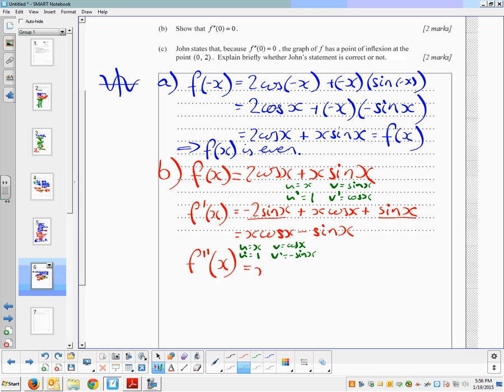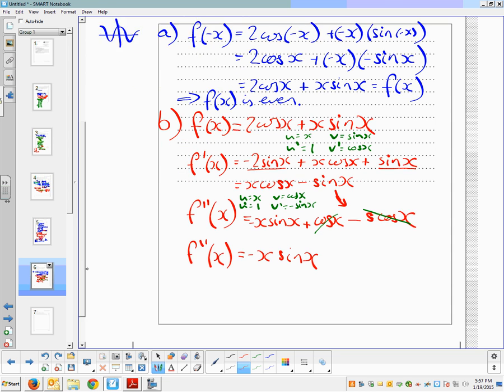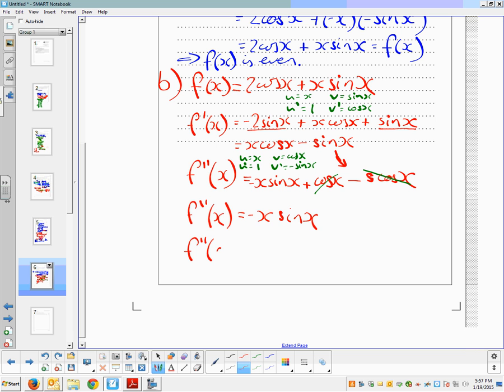So we get u dv by dx plus v du by dx, minus, and then don't forget this bit, sine x differentiates to cos x. They're going to cancel. I'm left with f double dashed of x is equal to minus x sine x. And therefore f double dashed of 0 is equal to minus 0 times sine 0, which is 0, as required.